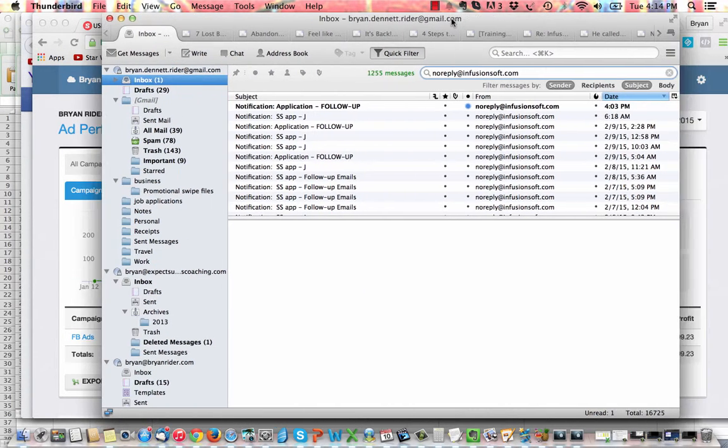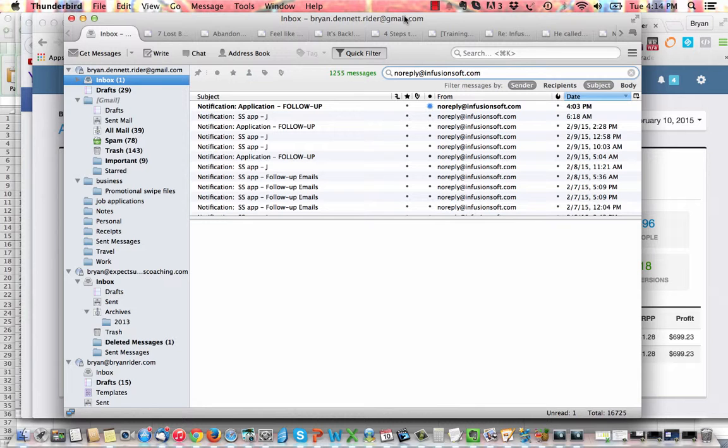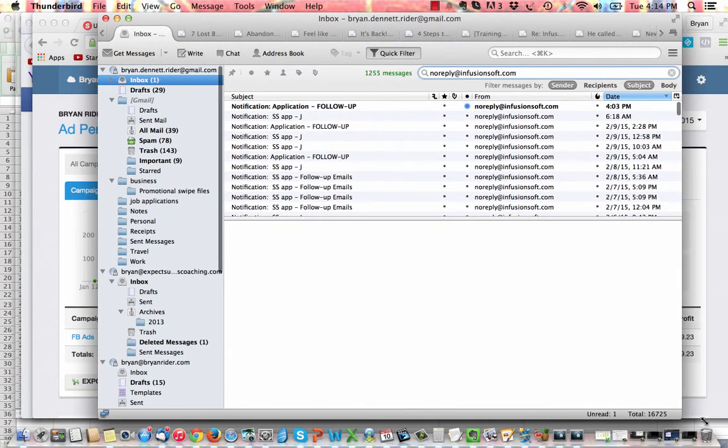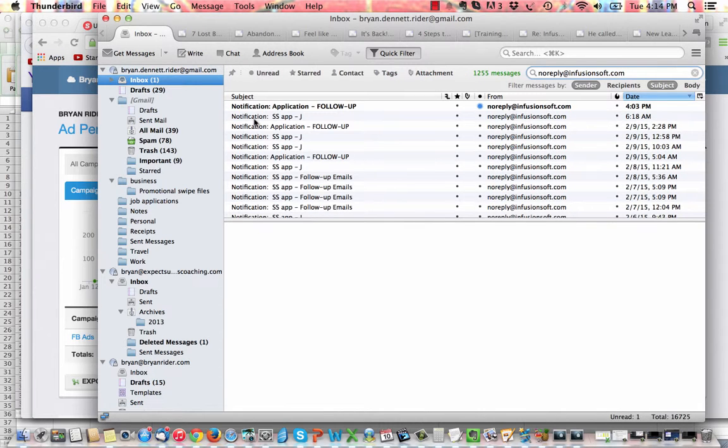We go out and we target where their different forms are coming from. On the follow-up, you see they're getting somewhere between 2 and 5 appointments a day.